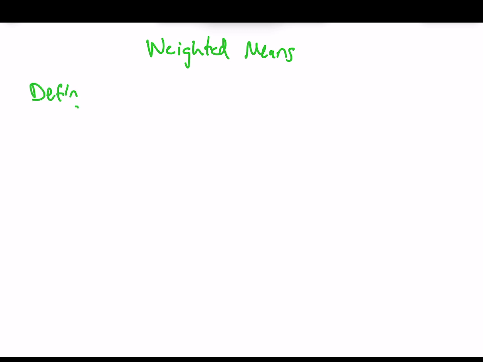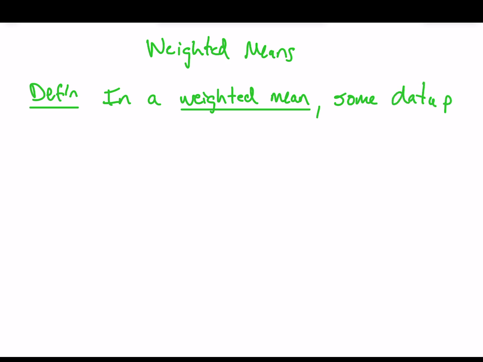Weighted means. Start with the definition. In a weighted mean, some data points contribute more to the mean than a standard arithmetic mean.